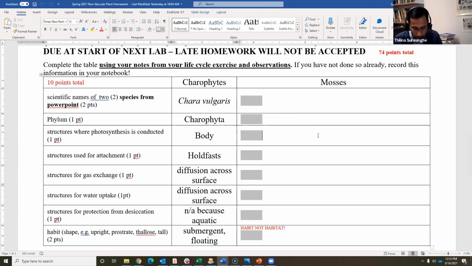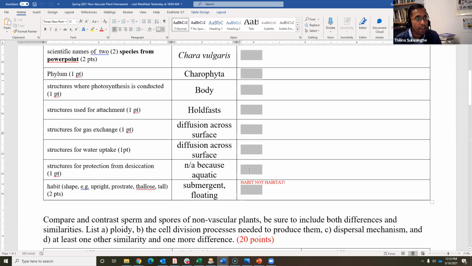Those are called phyllids. Another answer is thallus. Thallus itself is green, right? Now, if you write gametophore or gametophyte, I'm only giving you partial credit because you can be more specific. Or if you write protonema, I will only give you partial credit. Phyllids or thallus, I will accept as full credit answers.